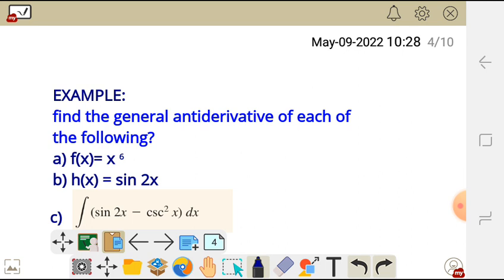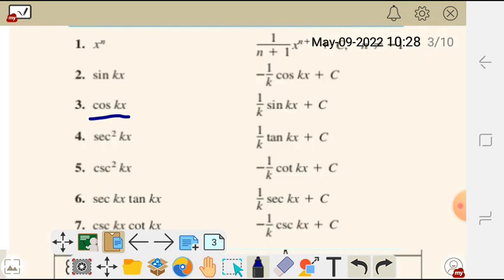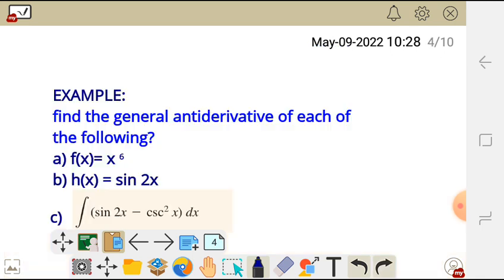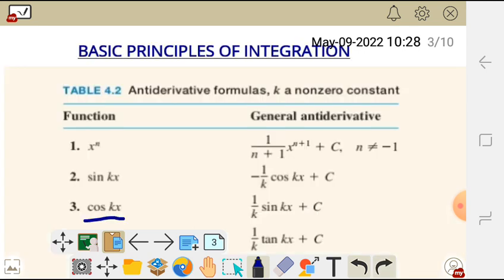So let's start with a, which is f of x equals x to the power 6. For a, we are going to use the first principle. The first principle says, if we have x raised to the power n, or a variable raised to a power, then we simply add 1 to that power and divide by the sum of that power plus 1, and then we simply add c.